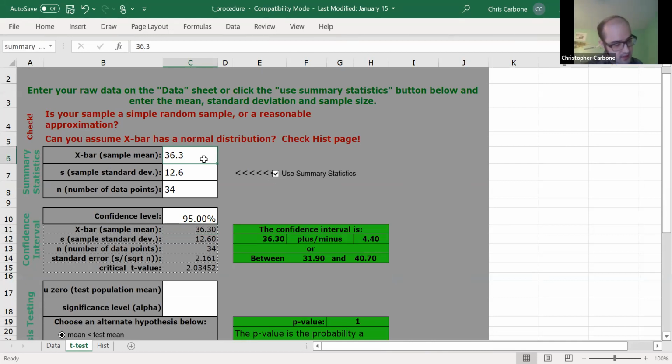And we are going to use the sample mean of 68, sample standard deviation of 2.3, sample size of 15, and we are going to be using the 90% confidence interval, which gives us a confidence interval in these two green boxes. We have 66.95 and 69.05 as our lower and upper bounds, respectively.